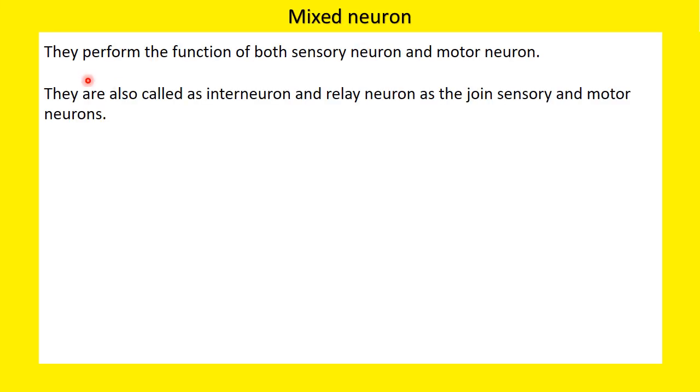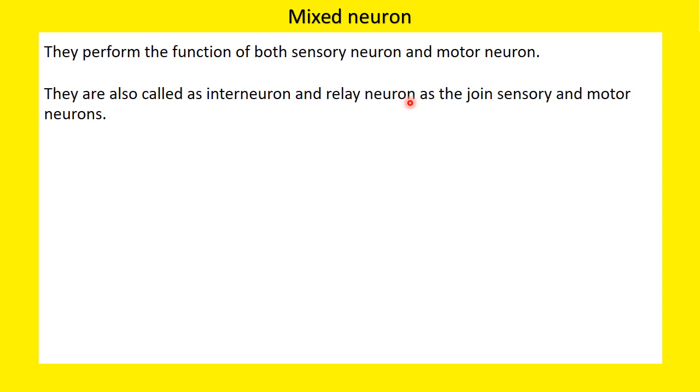Mixed neuron. They perform the function of both sensory neuron and motor neuron. As the name says, it is mixed. They are also called interneuron and relay neuron.